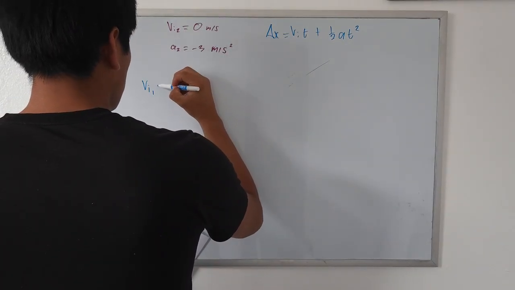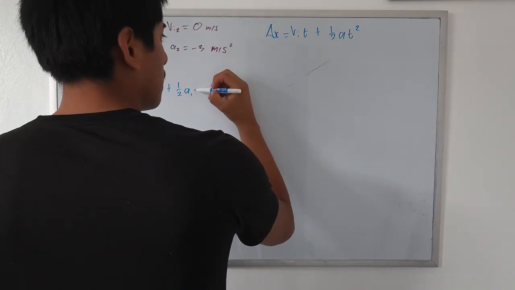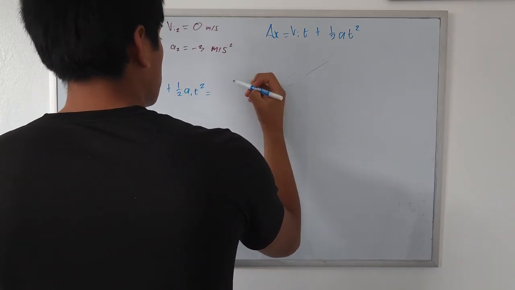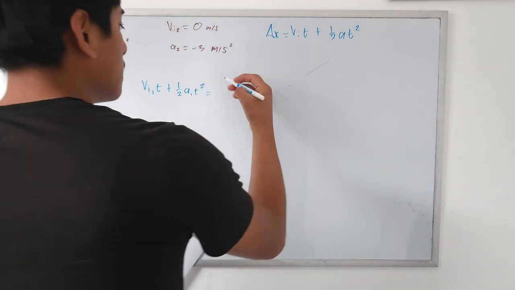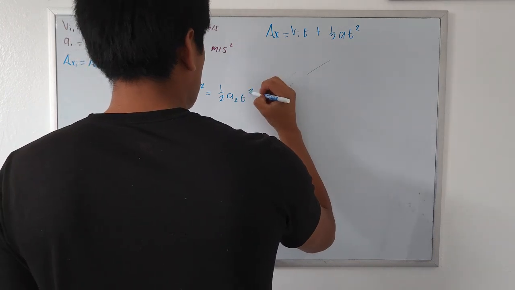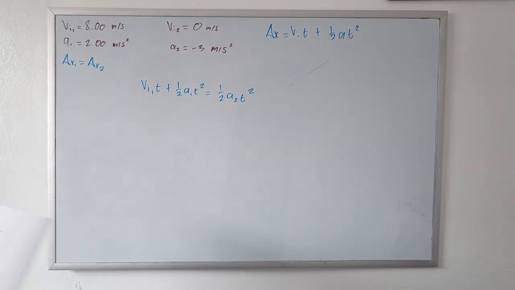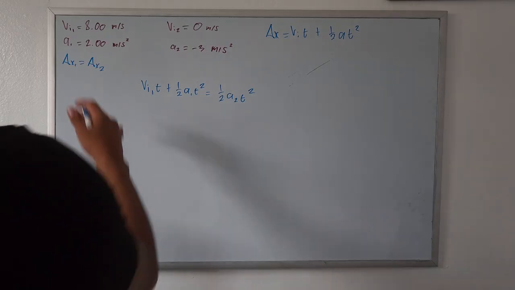v initial 1 t plus 1/2 a1 t squared is equal to v initial over here, which is 0 again, so that just cancels out. So we have 1/2 a2 t squared. Now we want to get time by itself. This is going to be a quadratic equation, but let's plug in everything that we know.